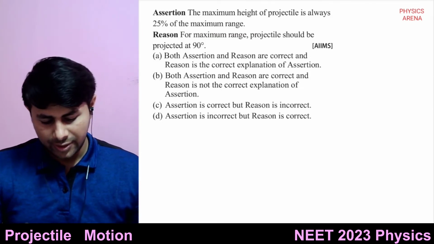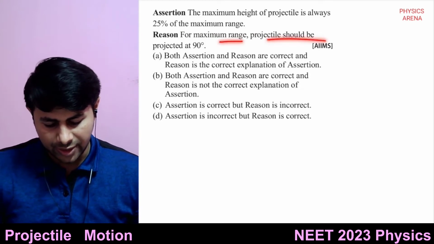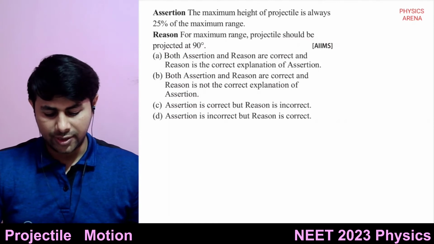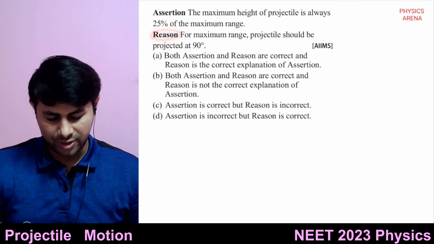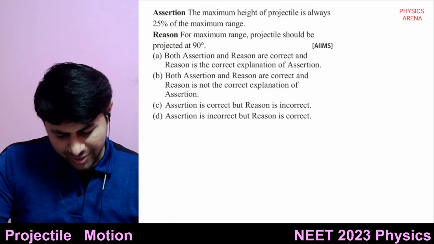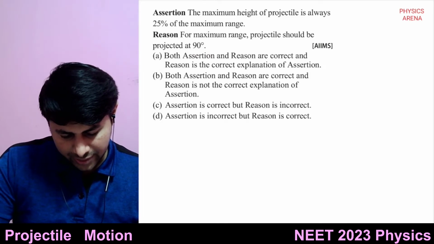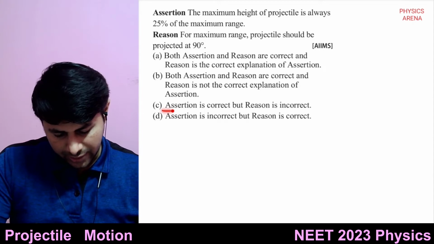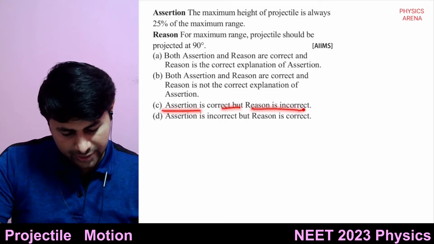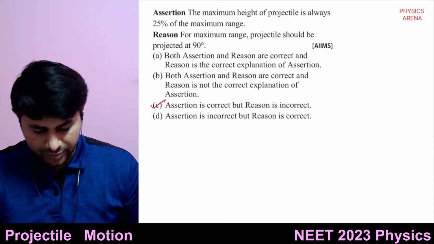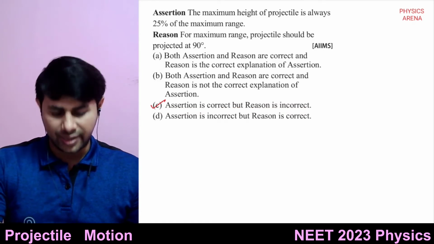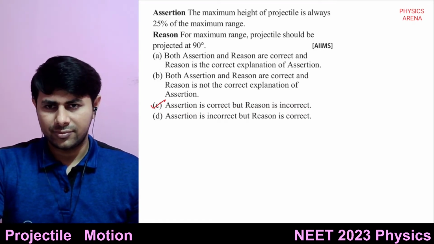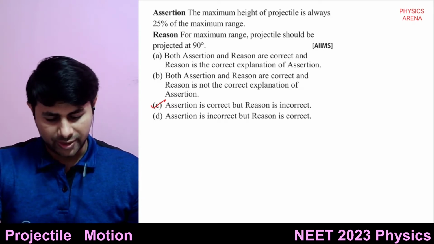For maximum range, projectile should be projected at 90 degrees. This is the reason. Is this true or false? This is false. Good. So which of the options is correct? C. Assertion is correct, but reason is incorrect. Right. So what should be the correct reason? Projected at 45 degrees. Good.